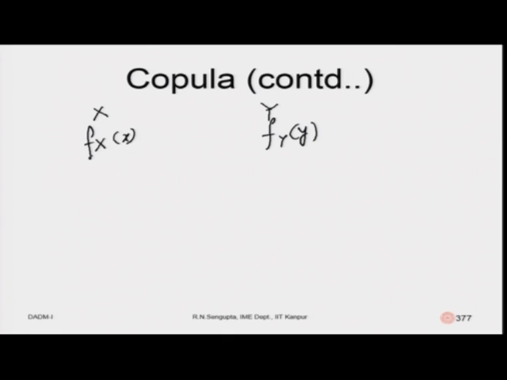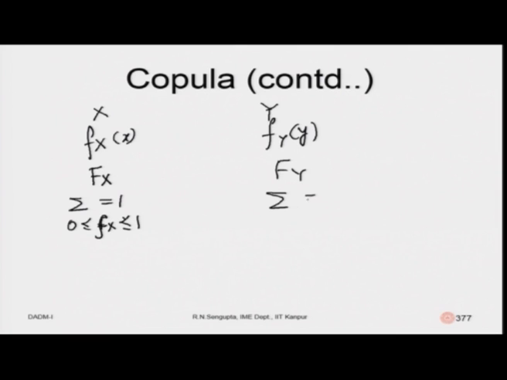So, obviously, all the properties would hold, in the sense that if you consider capital F of x, which is the CDF, and capital F of y, then it would mean the sum of f of x is equal to 1. This is small f, let me clarify this.